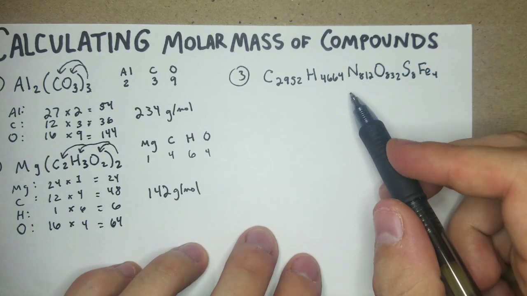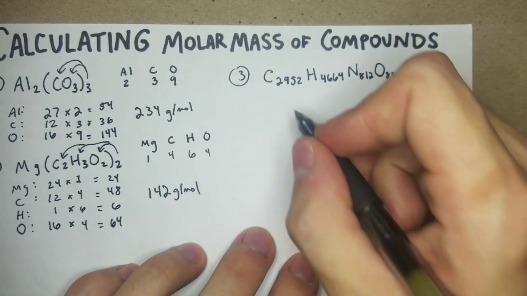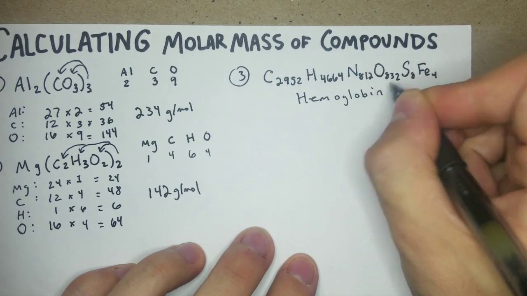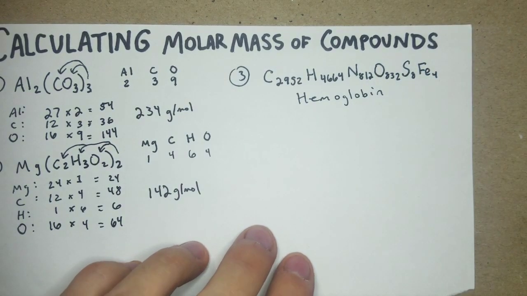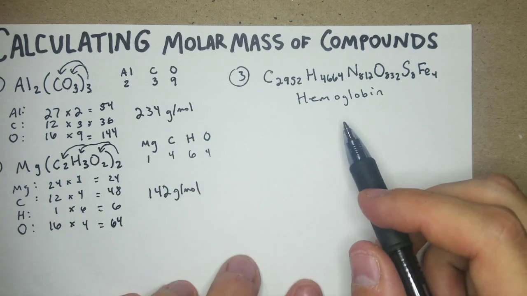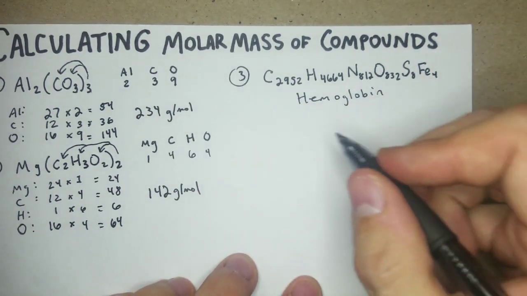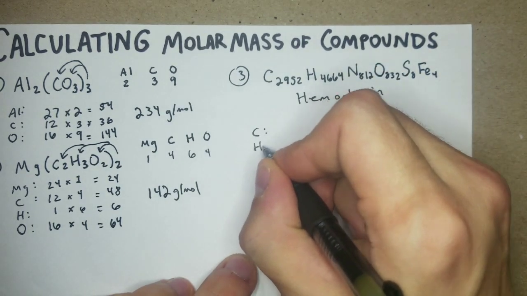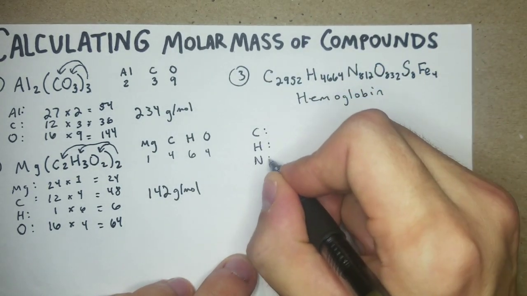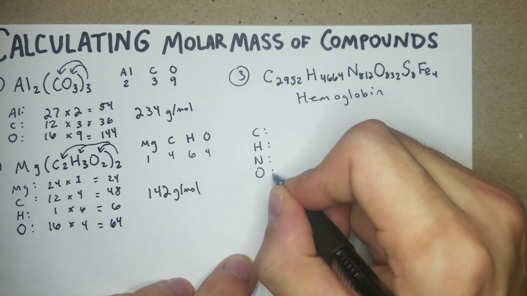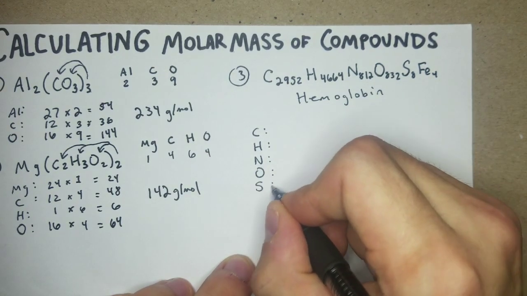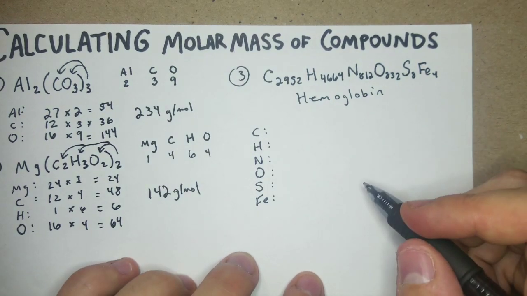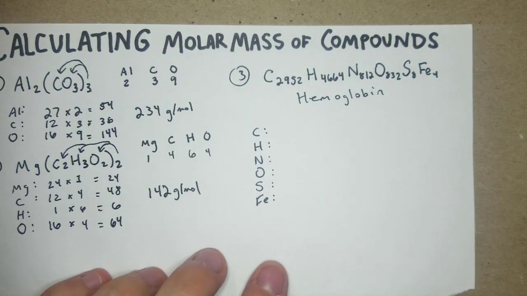This is the formula for hemoglobin. And we do it just like all the other ones. It's actually even easier technically in terms of the math, because we don't even really have to worry about the exponents. But the tricky part here is there are so many bigger numbers that we have to be careful that we don't trip over our own calculations.